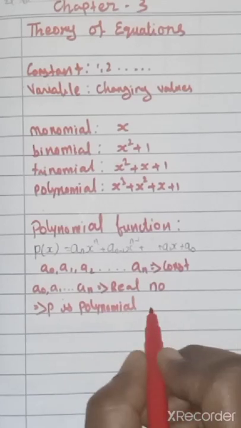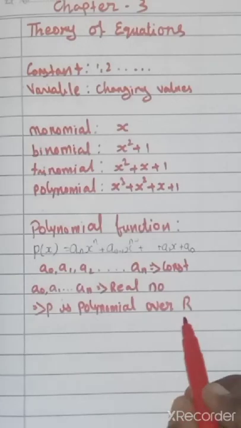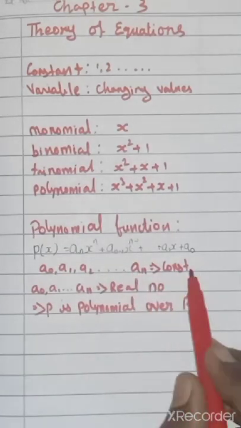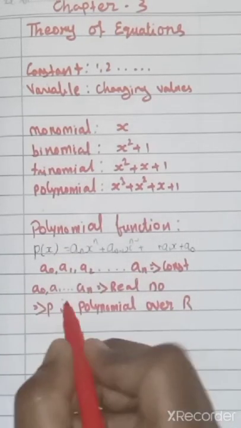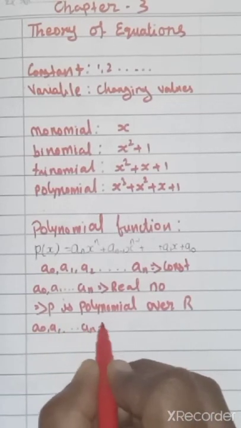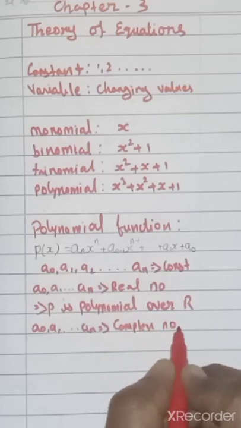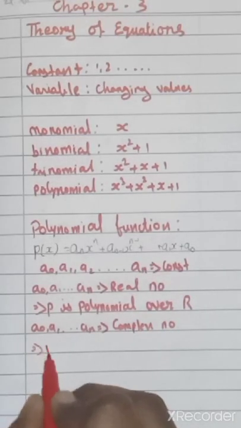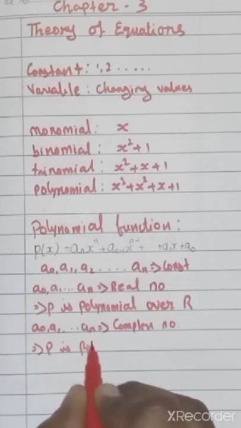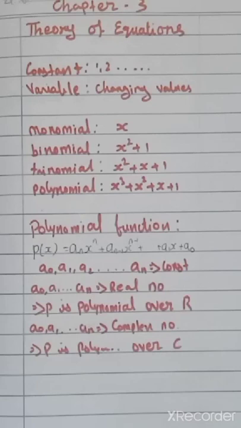So p is a polynomial over R. Over R means the equation given in real numbers is a polynomial. Suppose this a0, a1, etc., an are all complex numbers, then what can we say? p is a polynomial over C. Over C means complex number.